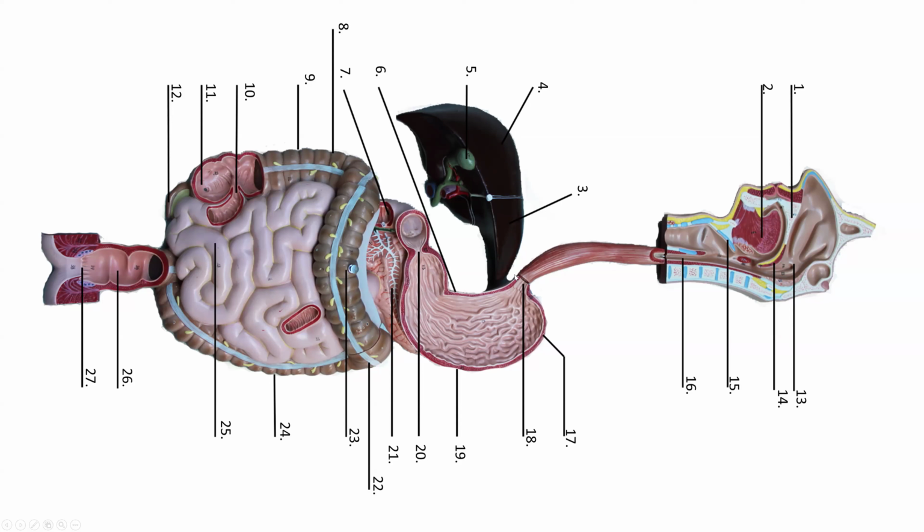Gallbladder. 6 is this particular area of the stomach, the outside, this curve right here. What is that curve called? The lesser curvature. Yeah, lesser curvature. Okay. Number 7, what loop of the small intestine am I in right here? Duodenum.